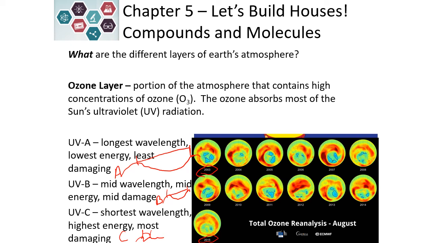So we had a hole over the Arctic and the Antarctic, and the ozone is healing itself because there have been bans on chemicals that are harmful to the ozone layer. Chlorofluorocarbons, or CFCs, can break down the bonds between the 3 oxygen atoms and deplete our ozone layer. By banning those chlorofluorocarbons, our ozone has increased in amount and increased the protection that we have in our ozone layer.